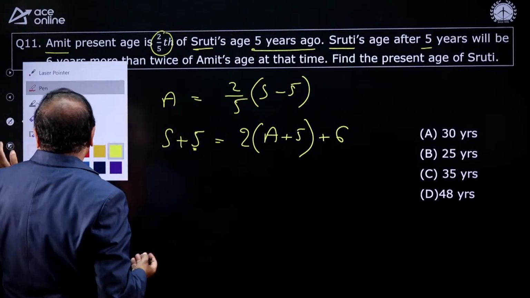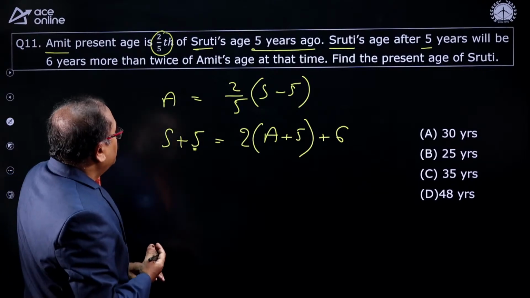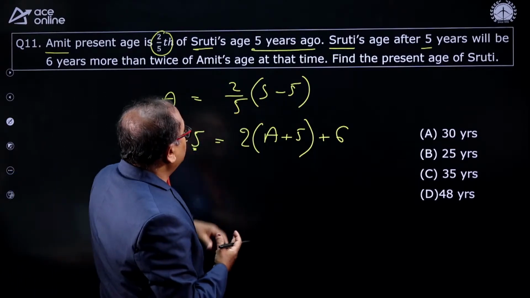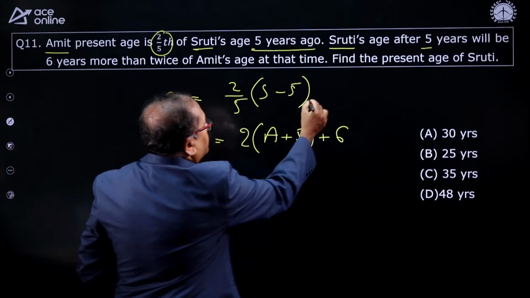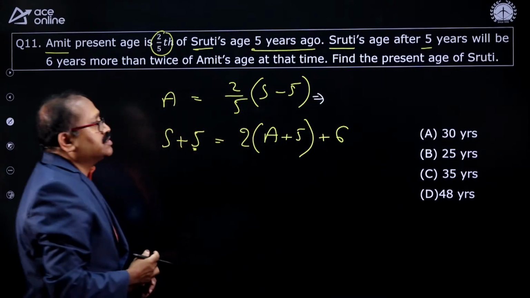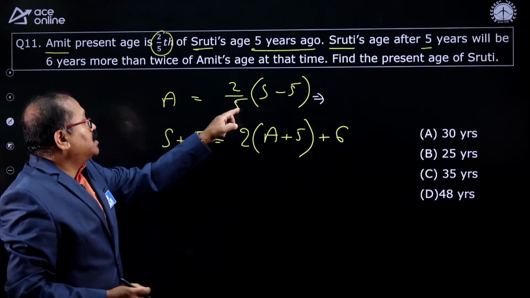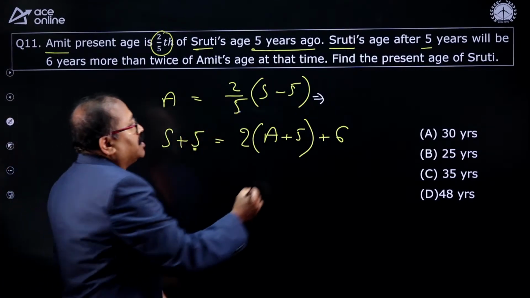Okay. Now, what am I going to do? Did you notice that the A value is there here? From here, can I get any equation? Yes, I can get the equation between A and S. So the 5 will come over here, that's 5A.